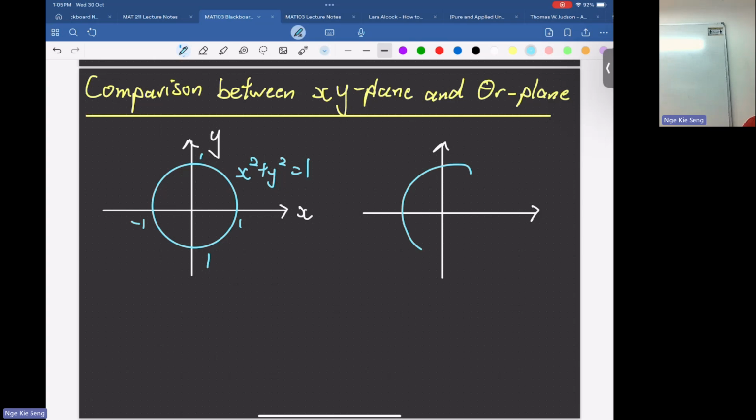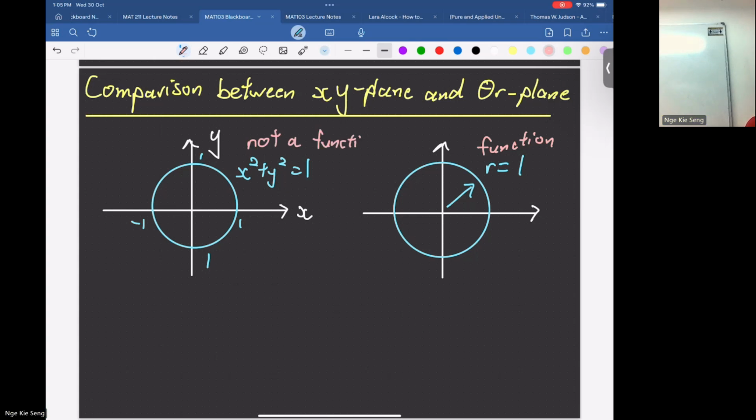We can write this circle as a function of angle, radius in terms of angle. This function is the constant function in angle. So when we change to polar coordinates, this circle becomes a function, but x squared plus y squared is not a function. This is the advantage of going to polar coordinates.